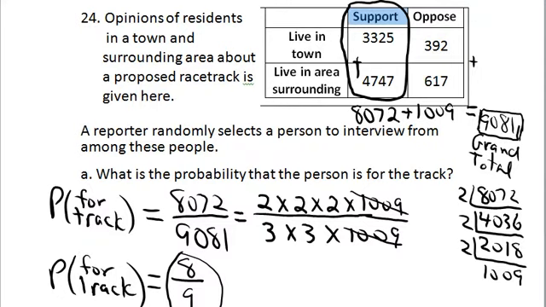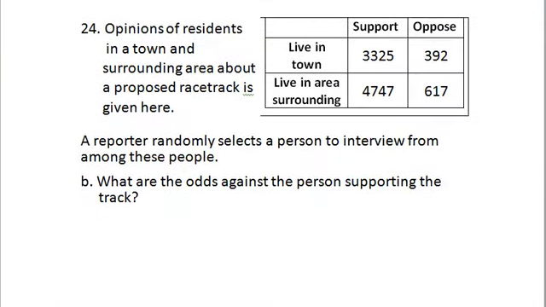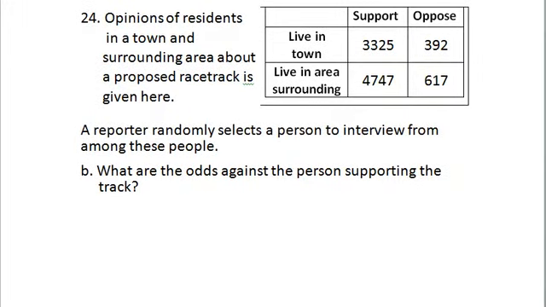There's a second question. The B part says, what are the odds against the person supporting the track?